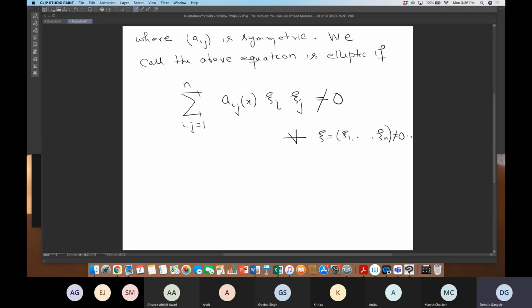Did you understand the meaning of this? The sum of a_ij ξ_i ξ_j over i, j equal to 1 to n. Did you understand what this is?